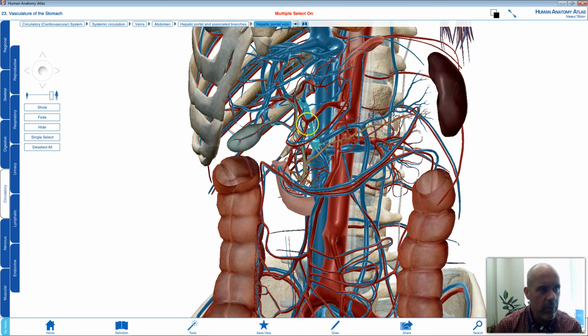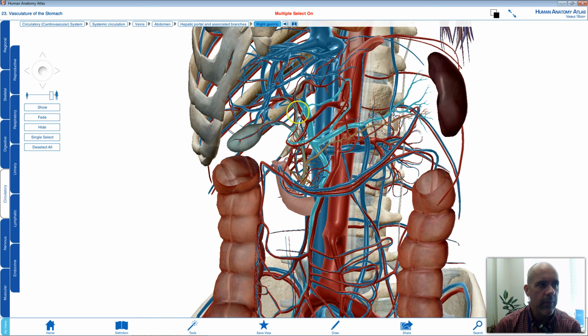So that's your hepatic portal vein, and it is receiving blood from this one. That's your splenic vein. This one right here, that's your superior mesenteric vein. And also from your gastric vein right in there.